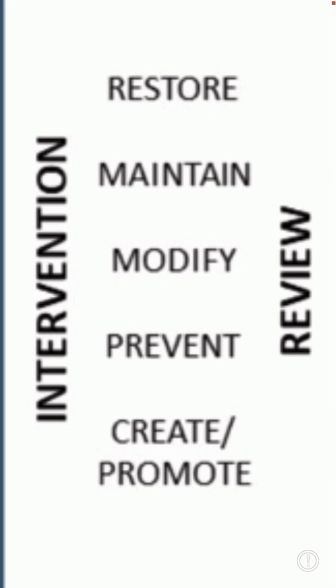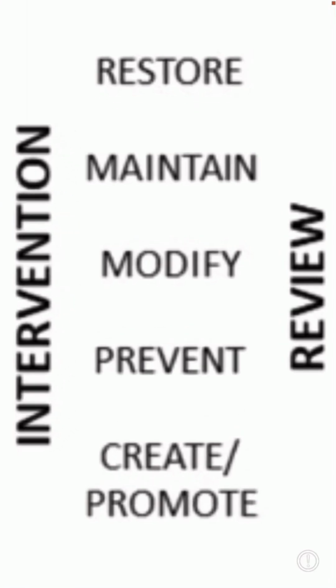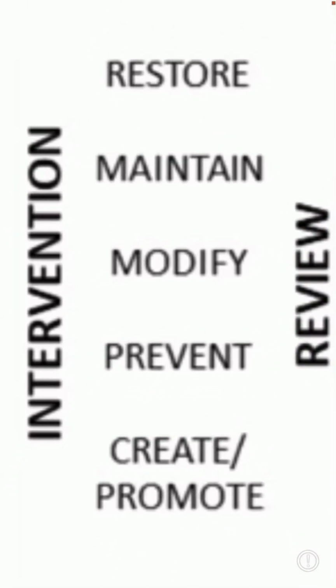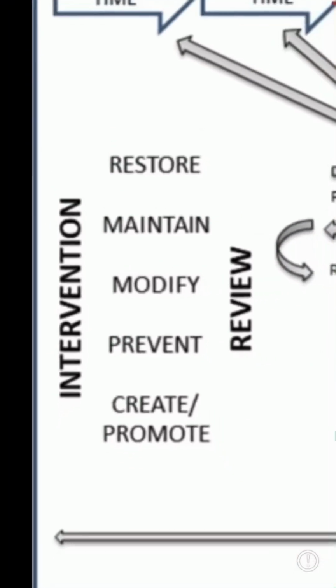Or do you want to maintain their abilities, so you see them regularly so that they don't deteriorate? Or are you going to modify the situation by relying on adaptive aids, in which case you may also be preventing problems from taking place? Or are you going to have that supportive intervention, in which case you will be getting some type of carers to come and see the patient. So these would be the interventions that you do.